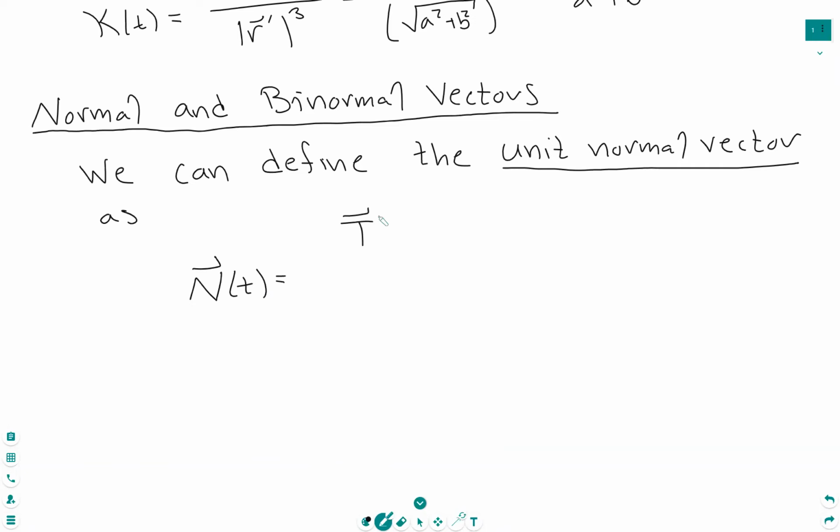This is T prime over the magnitude of T prime. Basically, this is the unit vector that characterizes how the unit tangent vector is changing with respect to time, right? Because when you take this derivative of the unit tangent vector, you might not be left with another unit vector anymore. So we have to renormalize. We take the derivative of the unit tangent, and then we renormalize from there, and that creates this normal vector.